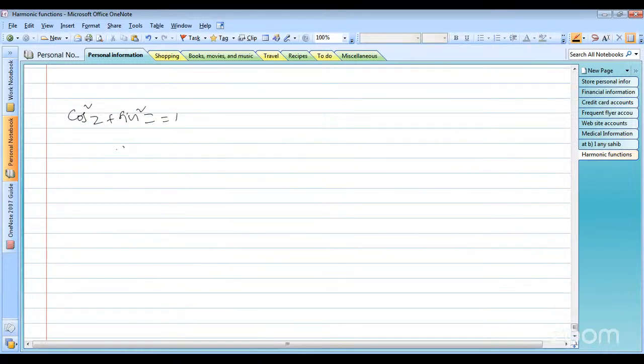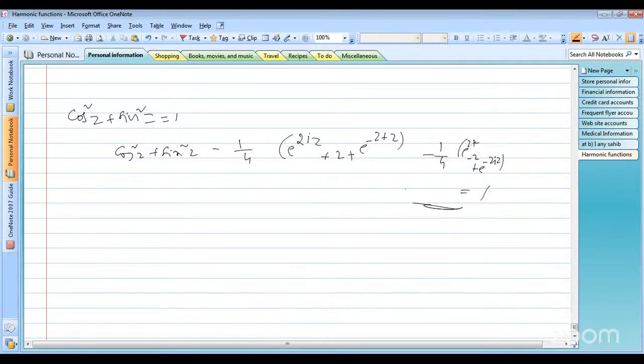Here it is 1 by 4 (e^{2iz} + 2 + e^{-2iz}) minus 1 by 4 (e^{2iz} - 2 + e^{-2iz}). The minus 1 by 4 and plus 1 by 4 cancel out, so substituting these values we get the result.